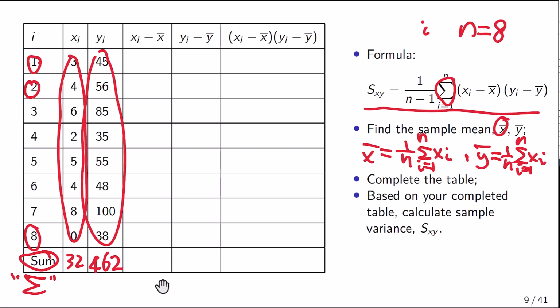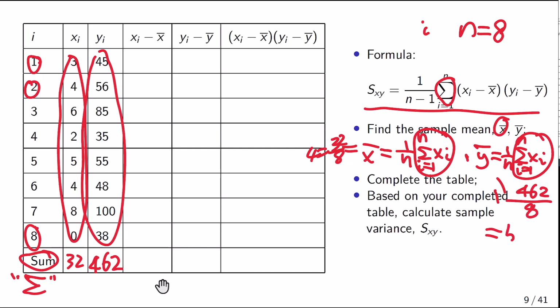For x, n equals 8, so x bar is 32 divided by 8, which is 4. For y, the same idea, the sum divided by 8, so 462 divided by 8 ends up as 57.75.